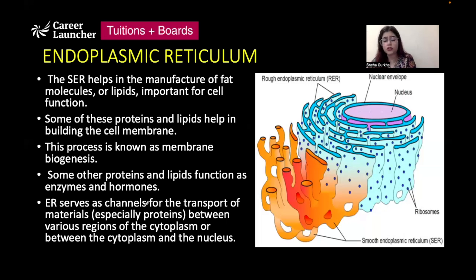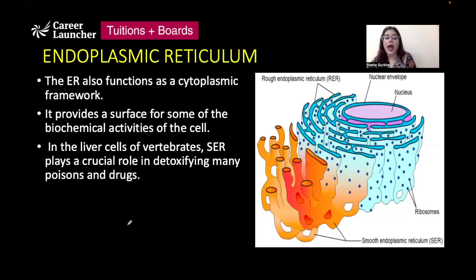Endoplasmic reticulum also serves as a network, a channel for the transport of materials, especially proteins, between the regions of the cytoplasm or between the cytoplasm and the nucleus. It also provides a surface where some biochemical activities of the cells can take place.